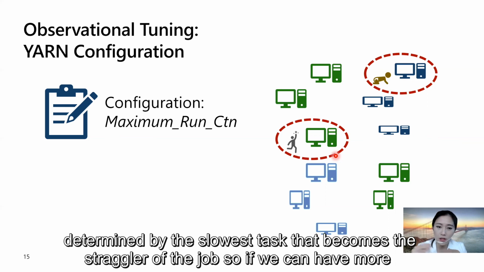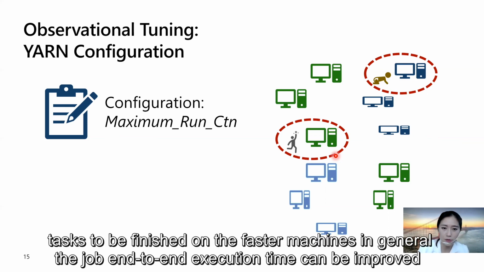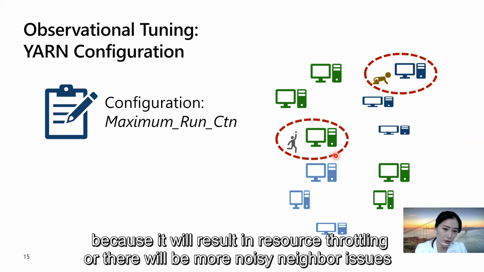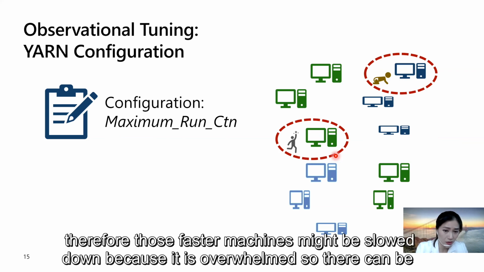So if we can have more tasks finished on the faster machines, in general, the job end-to-end execution time can be improved. However, we don't want to push too much workload on those faster machines, because it will result in resource throttling, or there will be more noisy neighbor issues. Therefore, those faster machines might be slowed down because they are overwhelmed.